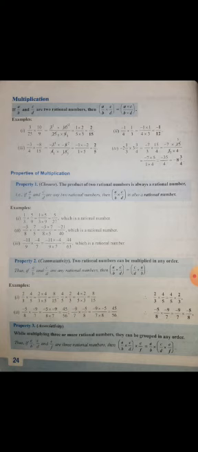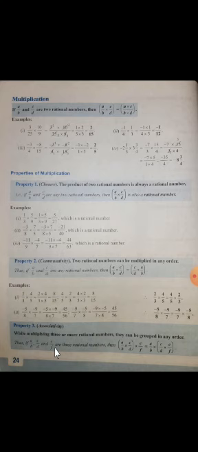Next is the associative property. Here you can see the third property is the associative property. What is the associative property? If we take three rational numbers, they have taken here a by b, c by d and e by f. Three rational numbers they have taken.